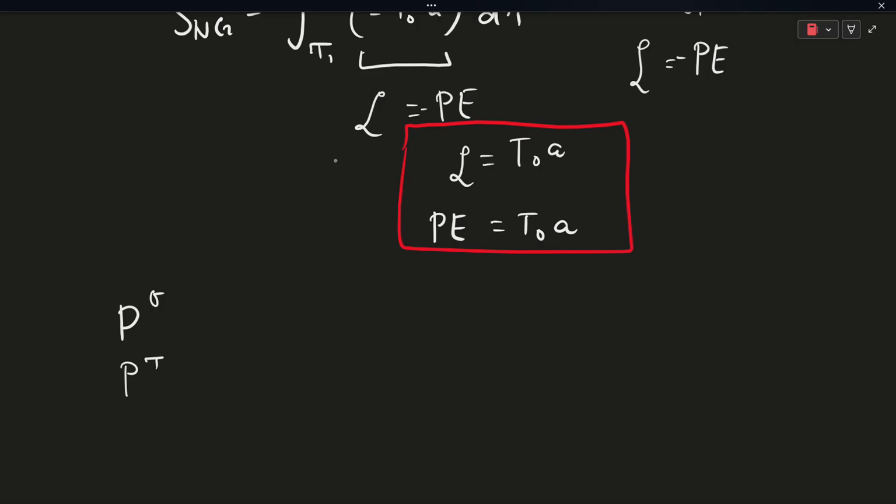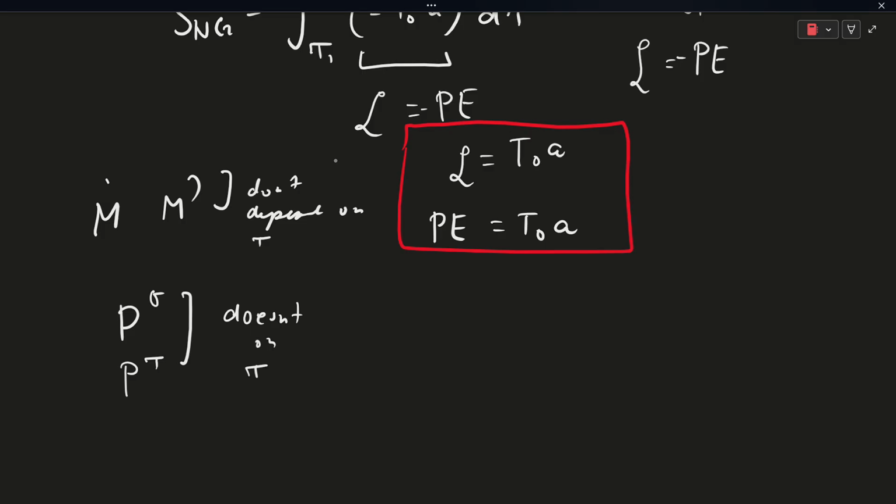And these also do not depend on tau because their constituents are essentially combinations of my m dot and my m prime, which also don't depend on tau. So because of that, this also doesn't depend on tau.